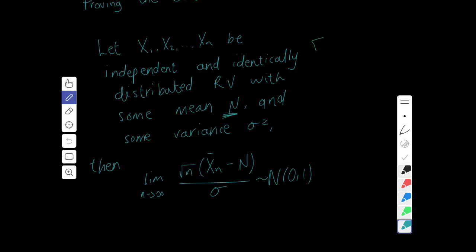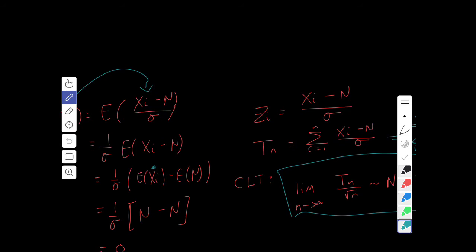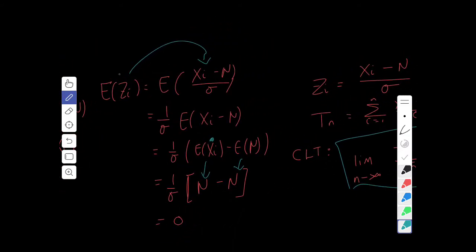So E of X1 is equal to mu, E of X2 is equal to mu, E of X3 is equal to mu, and so on until E of Xn is also equal to mu. So that's where the mu comes from here. And the expectation of a constant is just that constant because there is no randomness, so it's always going to be equal to mu. And then we've got mu minus mu, so it's 0.